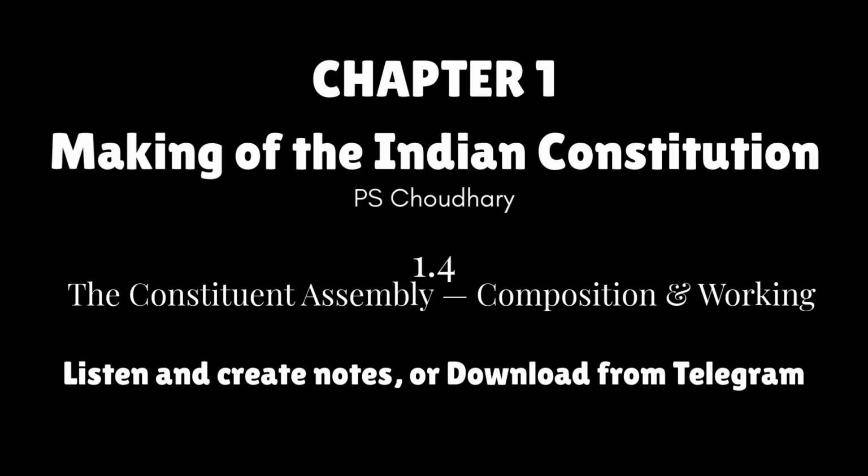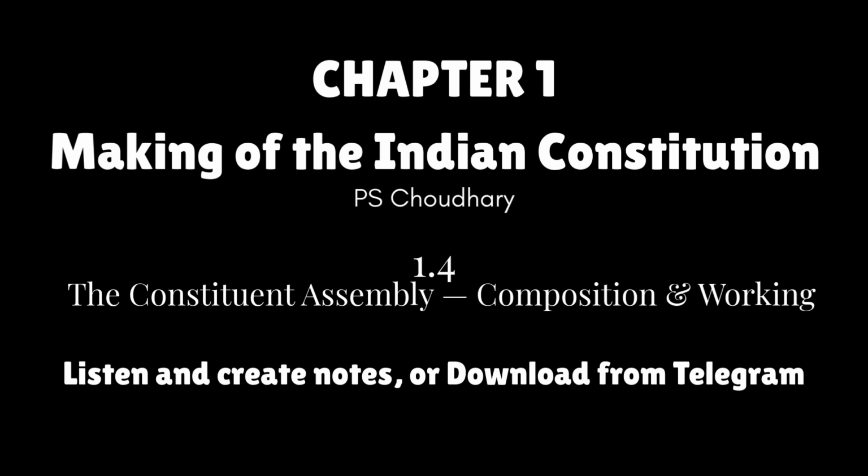Now another interesting point. When the Constitution came into force in 1950, it originally contained 395 articles, 8 schedules, and 22 parts. Over time, many amendments have been made. Today the Constitution contains 448 articles, 12 schedules, and 25 parts.